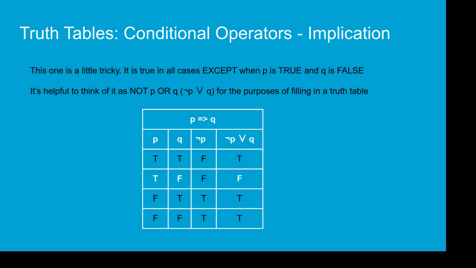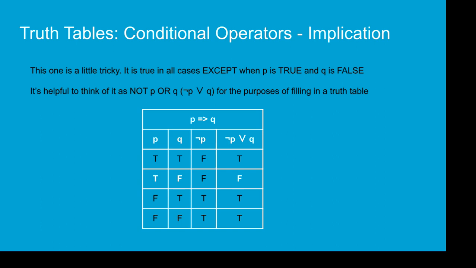So anytime that P is true, but Q is false, this implication, P implies Q, is not holding up. That will evaluate to false. All right? If P is true and Q is also true, the implication holds up, and it's true.